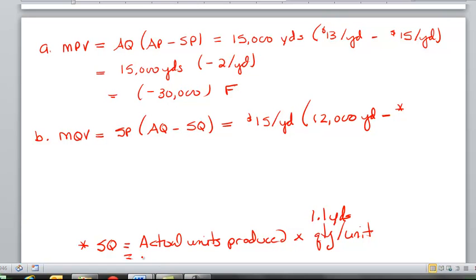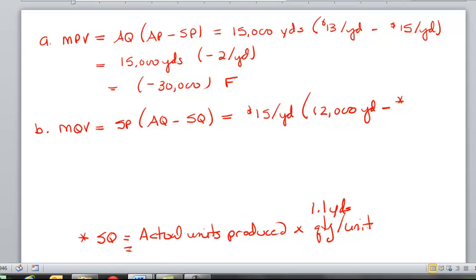So the actual units produced is 12,600 units times 1.1 yards per unit. That says my standard quantity should be 13,860 yards.